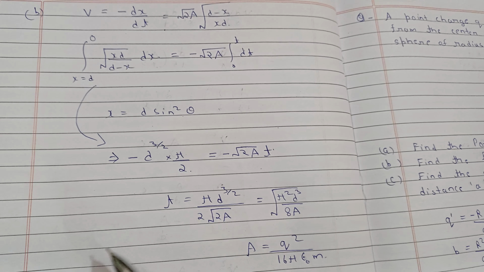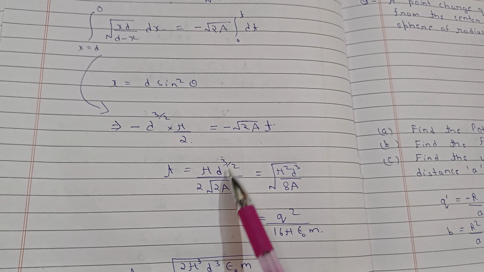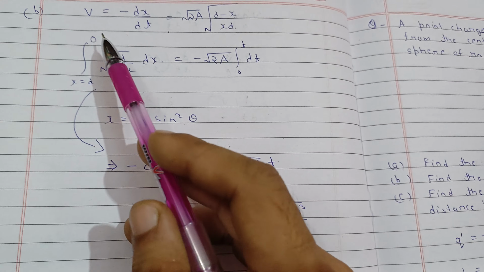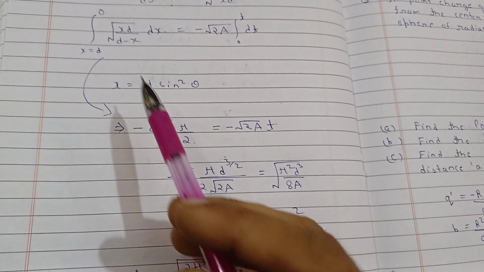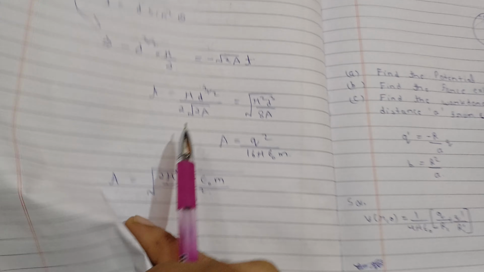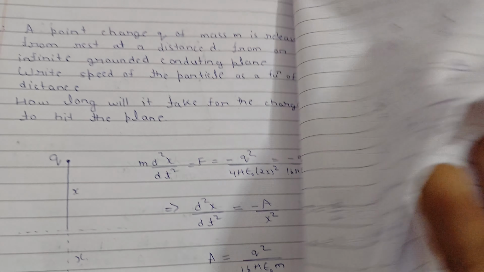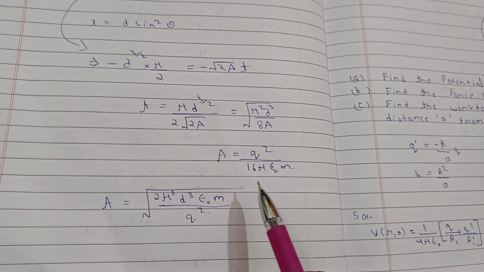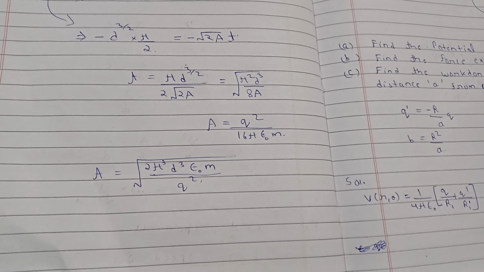Now you have the time equal to pi d^(3/2) divided by root 2a. So this will be your time for the distance to become 0, meaning the time required to hit the plane. You already know the value of a, so write it here, substitute it, and you will get the time. This will be your time to hit the plate or the plane.